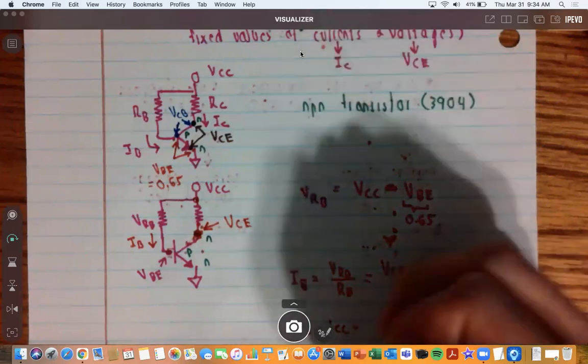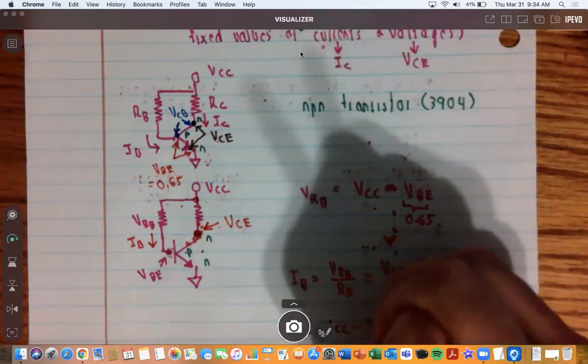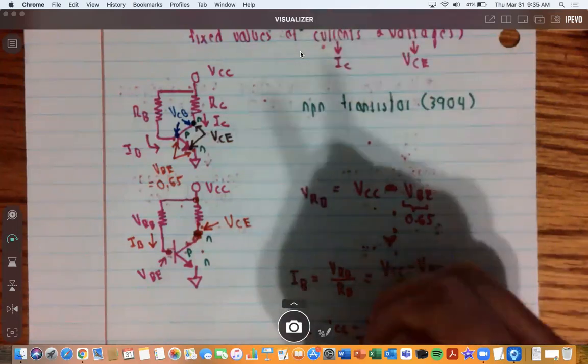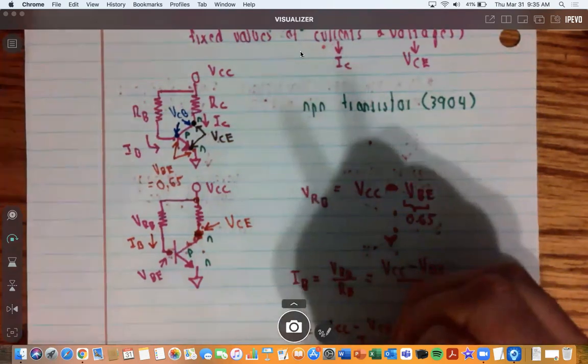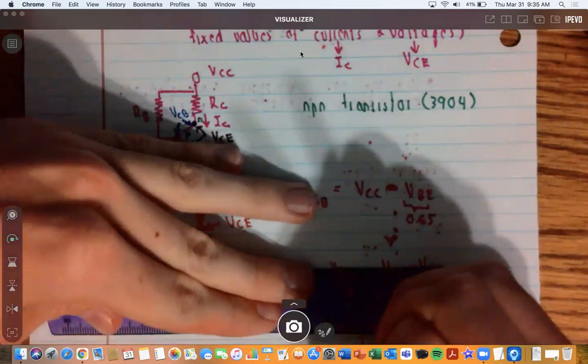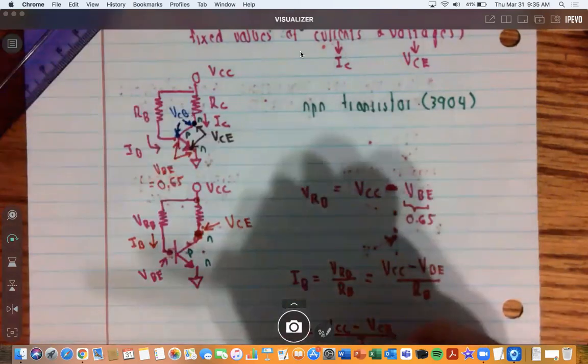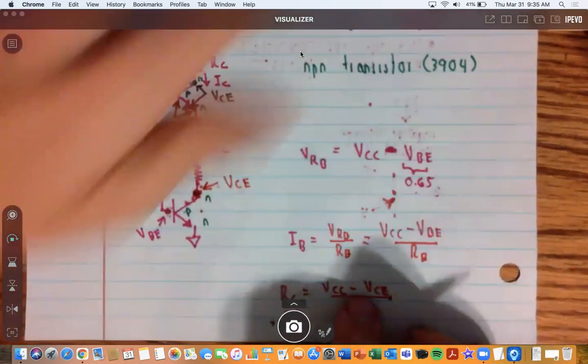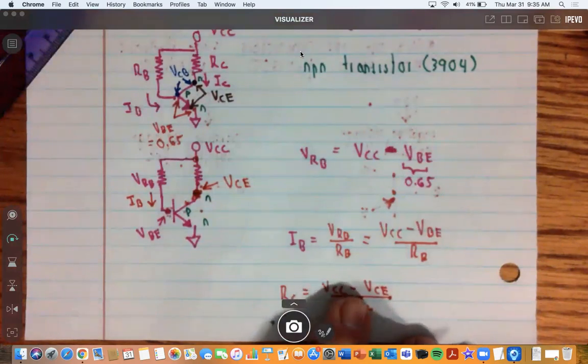So it'll be VCC minus the voltage from the collector to emitter, all over the current that is supplied through the collector. That is our relationship there because we find the voltage drop. This is basically the voltage drop across the collector resistor: VCC minus VCE all over IC.